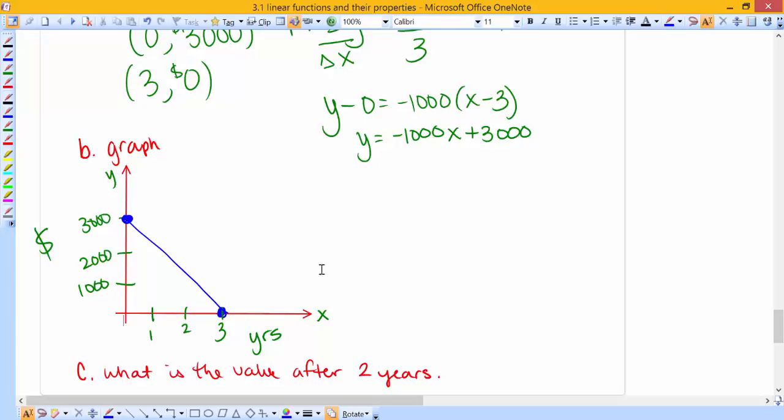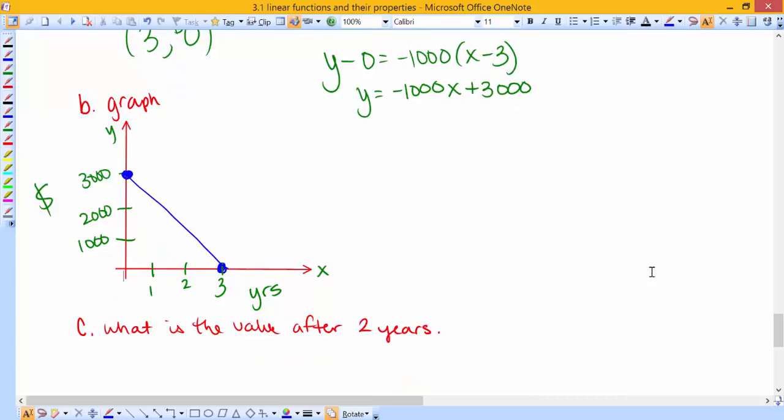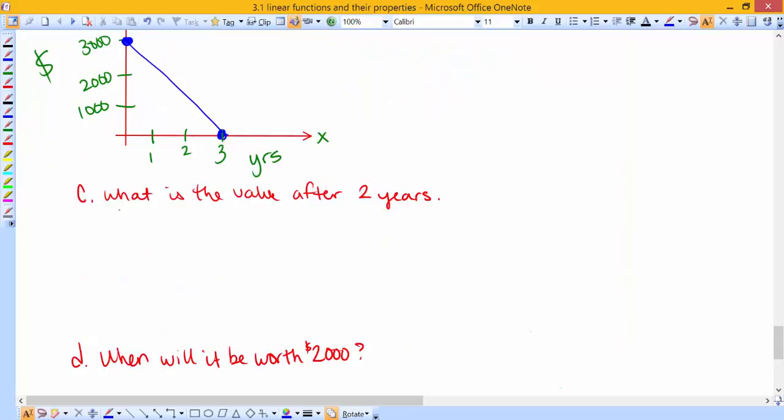Very simple. So now, what is the value after 2 years? You could choose to use your graph or you can use your equation. If I use my graph, I go to 2, up to the line, it's 1,000. If I was using graph paper and a straight edge, this would be perfect. Since I'm not, I'm actually going to use y equals negative 1,000x plus 3,000. 2 is my x.